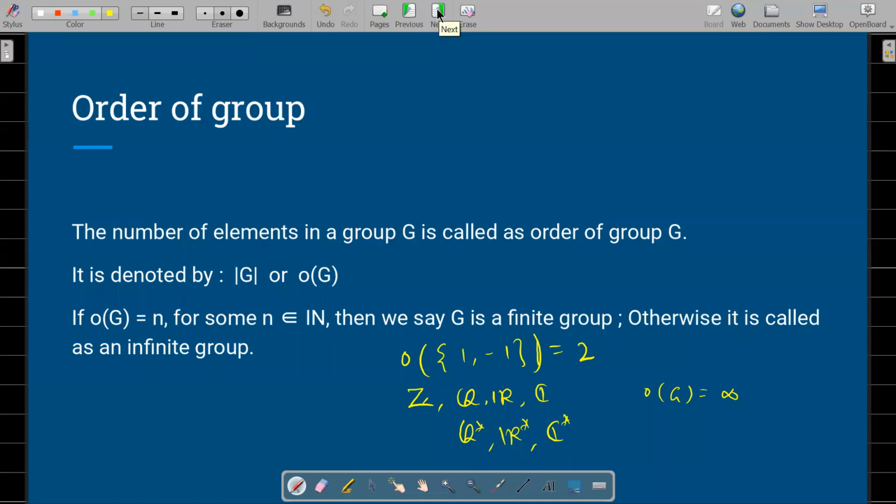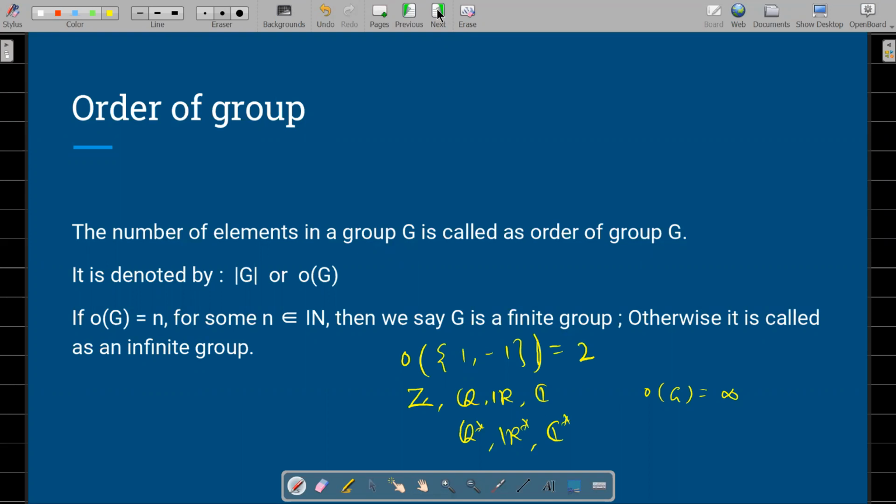Yeah, so what things did we see so far? The definition of a group, various properties like inverse and identity. Identity is for the whole group, it's a common element for the whole group. Inverse is for each element. All right.